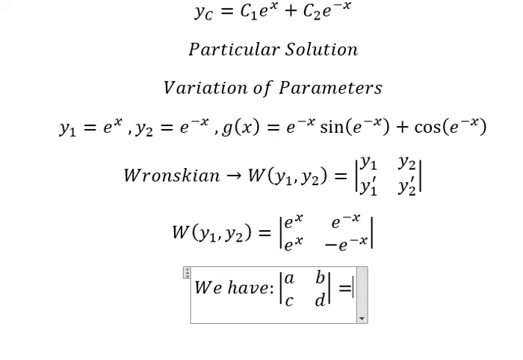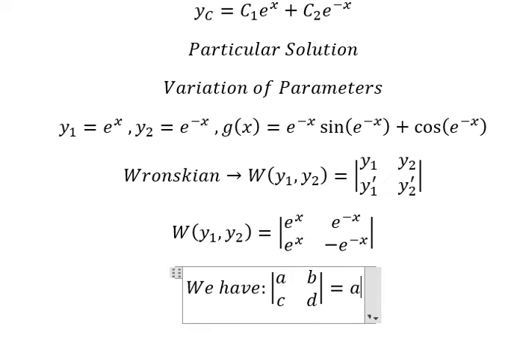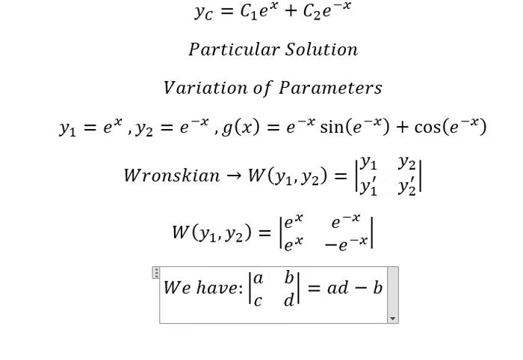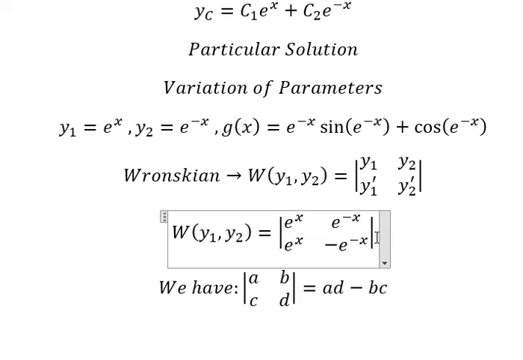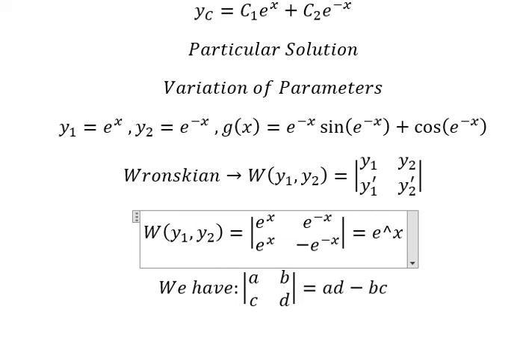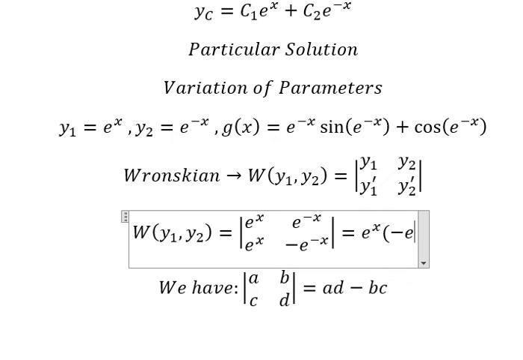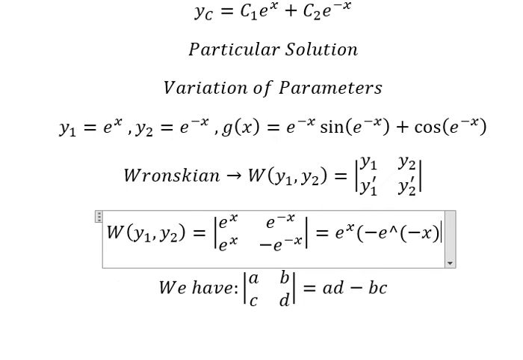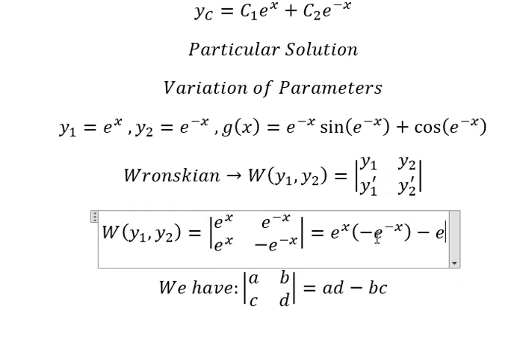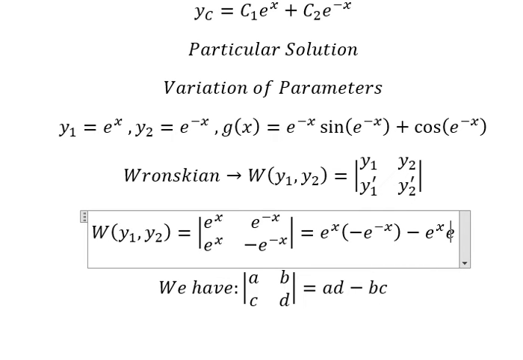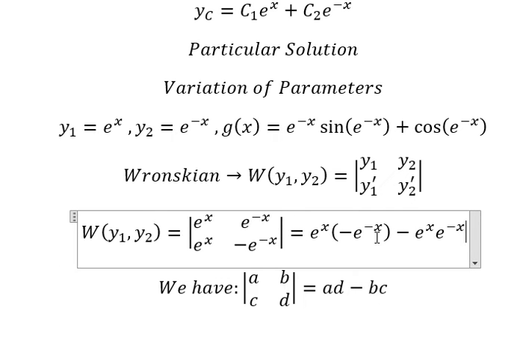If we want to find the determinant of this, it is a multiplied by d minus b multiplied by c. So we have e to the power of s multiplied by negative e to the power of negative s, minus e to the power of s multiplied by e to the power of negative s.